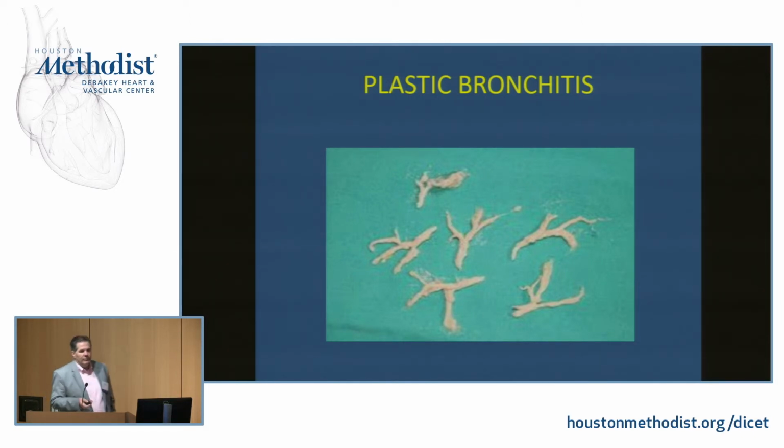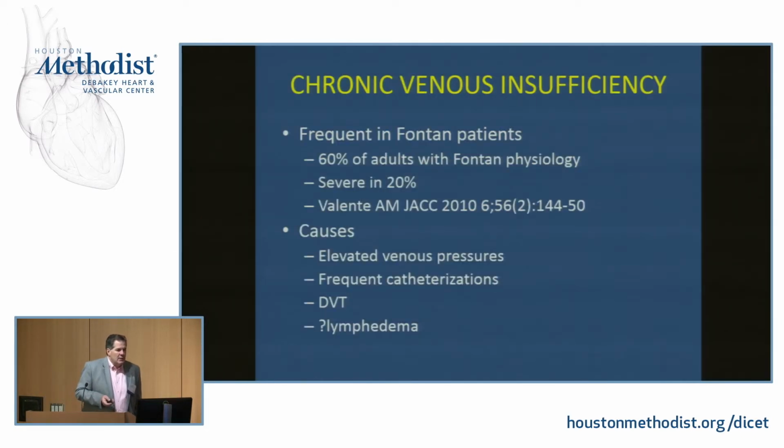who have plastic bronchitis. Venous insufficiency is very common in the Fontan circulation. About 60% of Fontan patients will have some physical sign of venous insufficiency, and it's severe in about 20%.